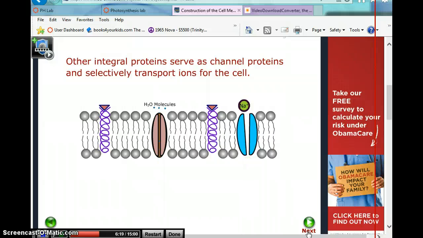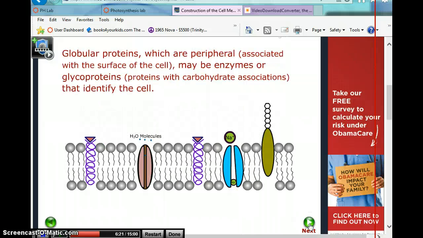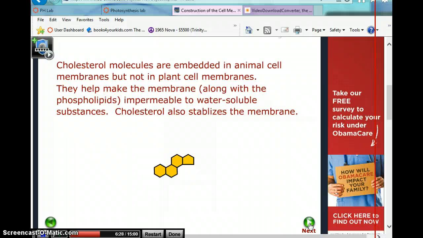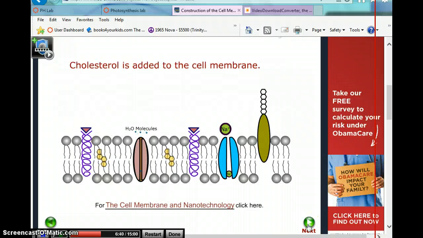And there's other proteins, integral proteins. And there's the whole membrane, or a piece of your membrane altogether. That's a cholesterol molecule, which comes from what? Fats. That's easy. And fats come in and out of your cell as well.